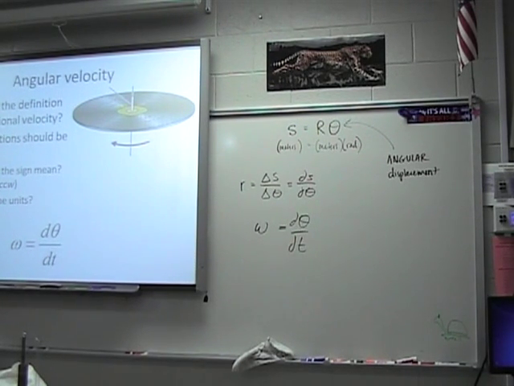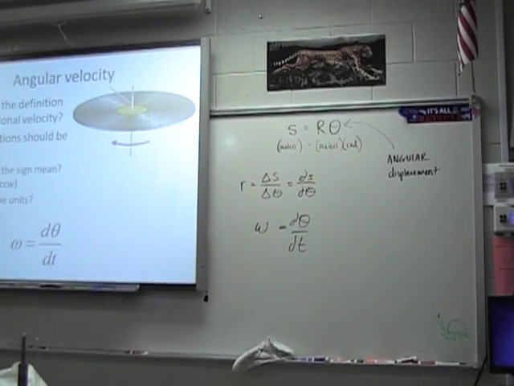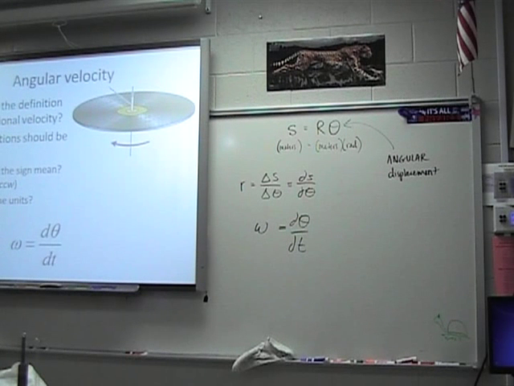Because you're clever and you can figure it out. If velocity is constant at delta x over delta t, then angular velocity is constant at delta theta over delta t, as long as there's no acceleration in the first case and no angular acceleration in the second case. Got it? Angular acceleration would make this change.